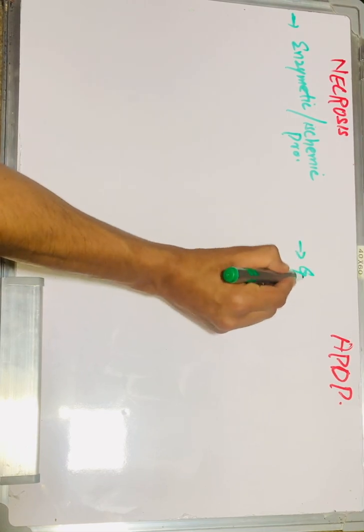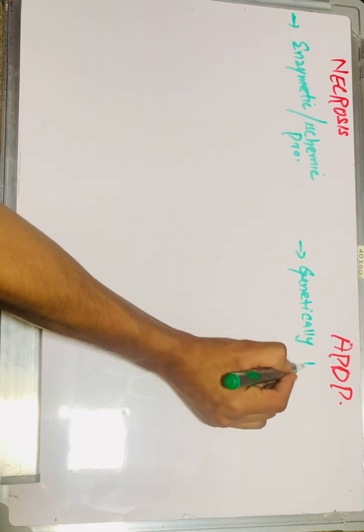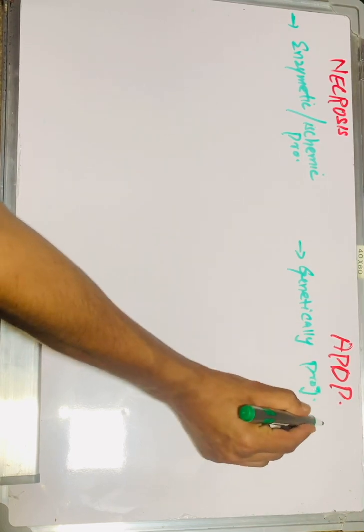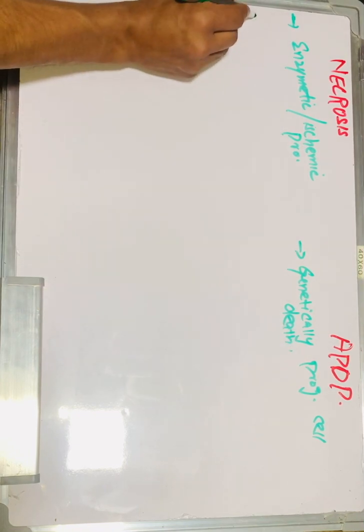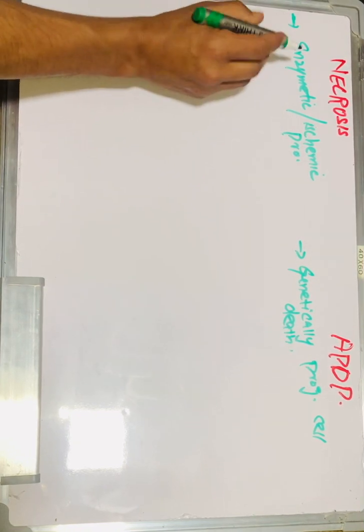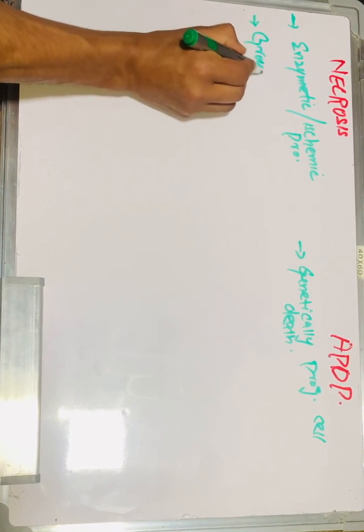Apoptosis is genetically programmed cell death. Number 2, in necrosis there is a group of cells that die.